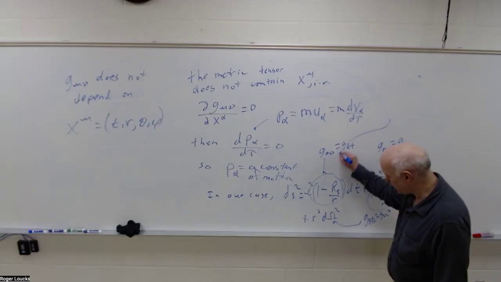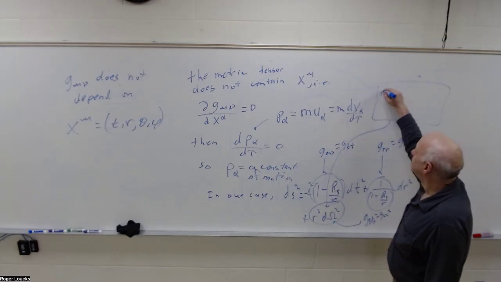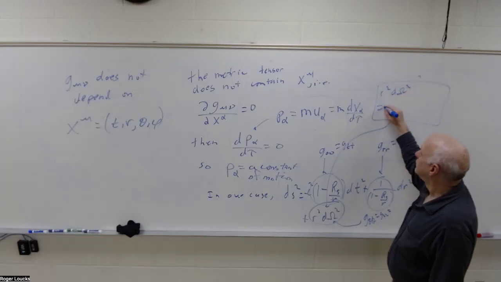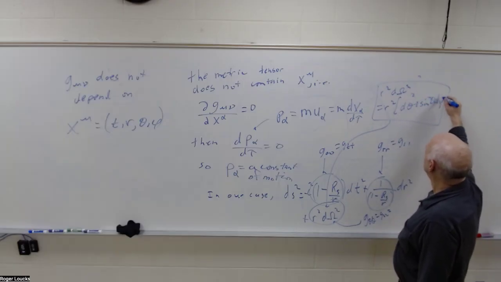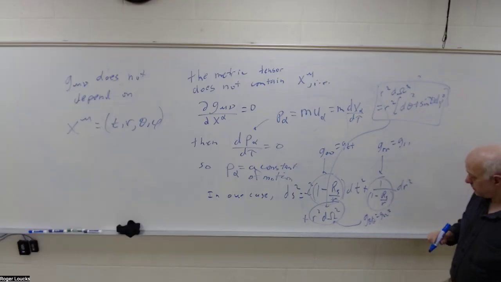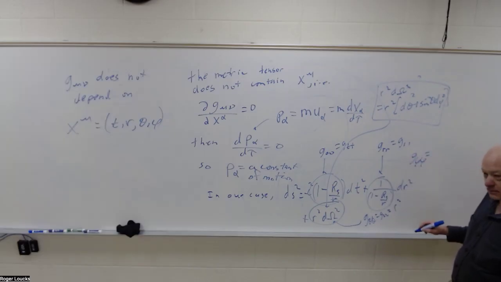So G theta theta, or G22, is r squared. And then G33 is r squared sine squared of theta.